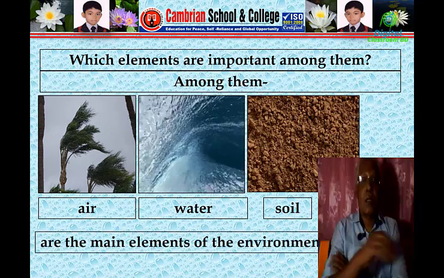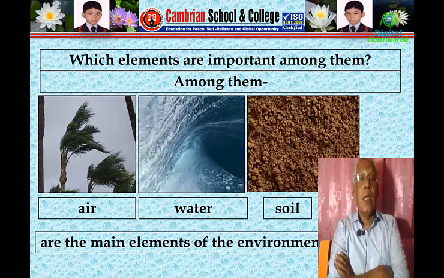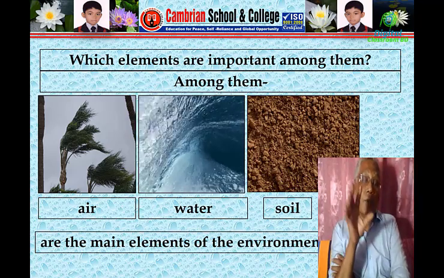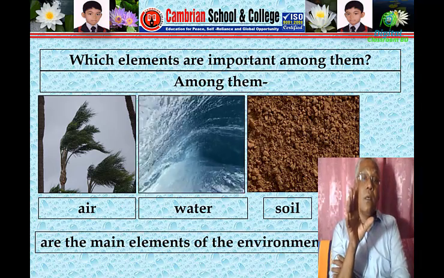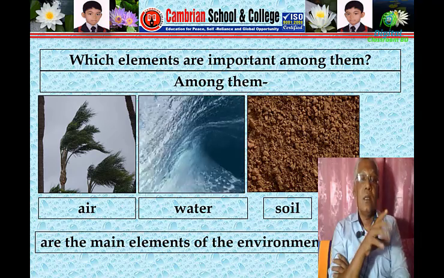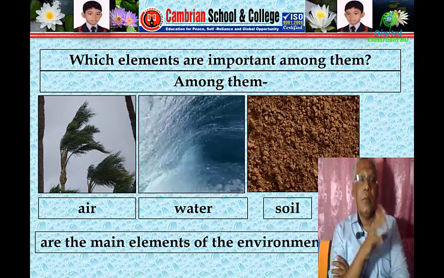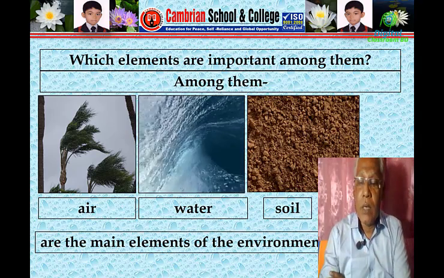Air, water, and soil are the main elements of the environment. So you must keep it in memory. Which elements are the most important among these? Air, water, and soil are the main elements of the environment.